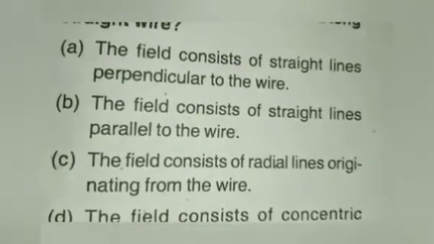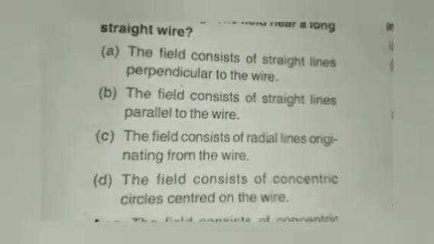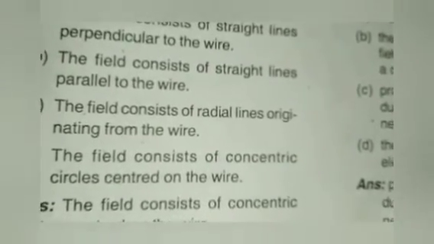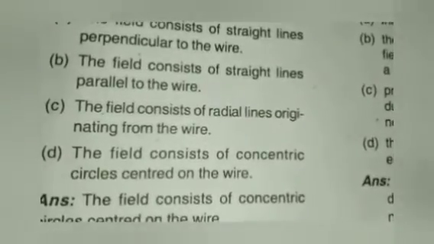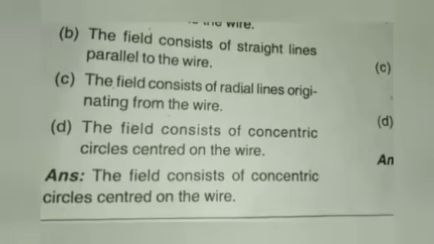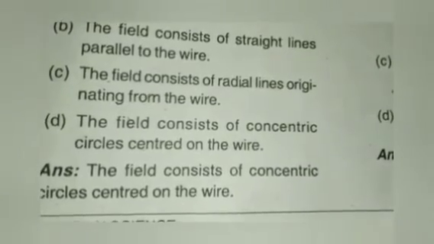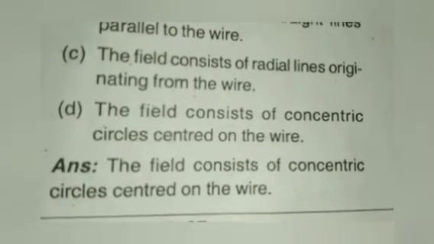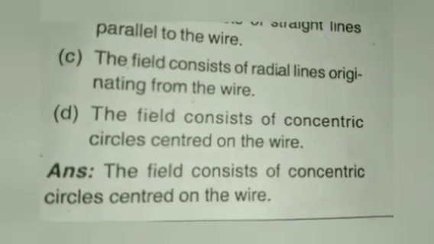Option C. The field consists of radial lines originating from the wire. And option D. The field consists of concentric circles centered on the wire. So the correct answer is option D. The field consists of concentric circles centered on the wire. That is the correct answer.